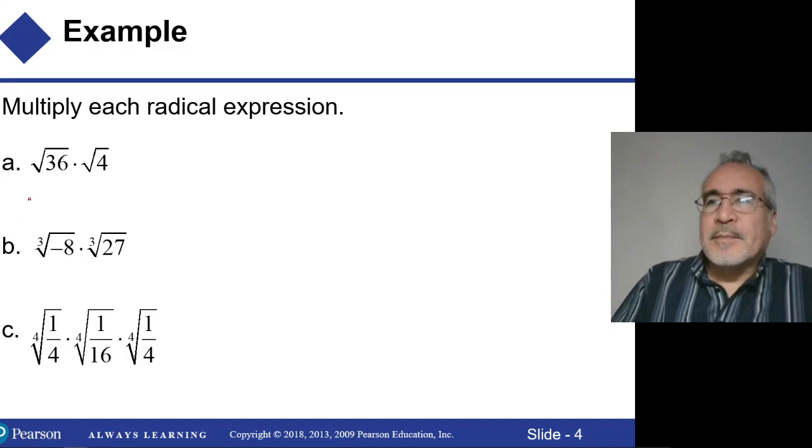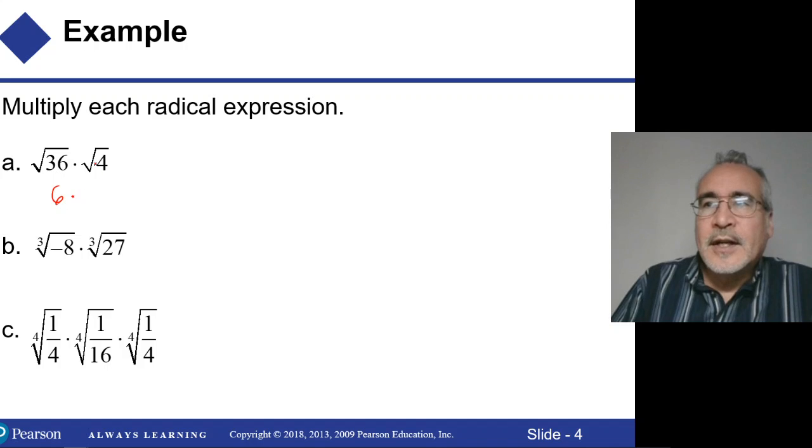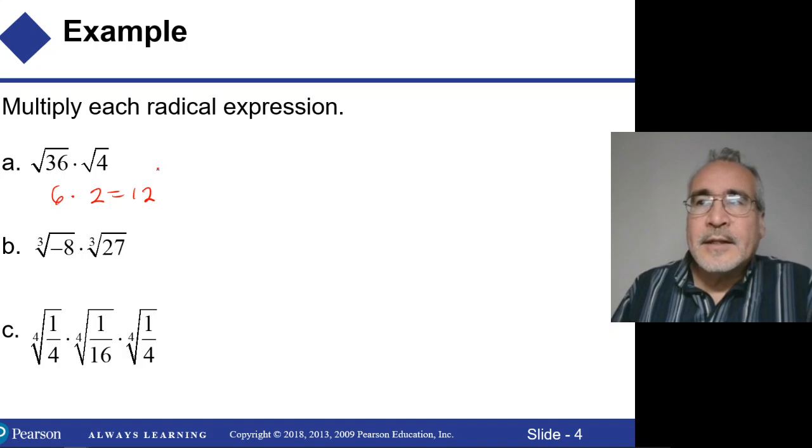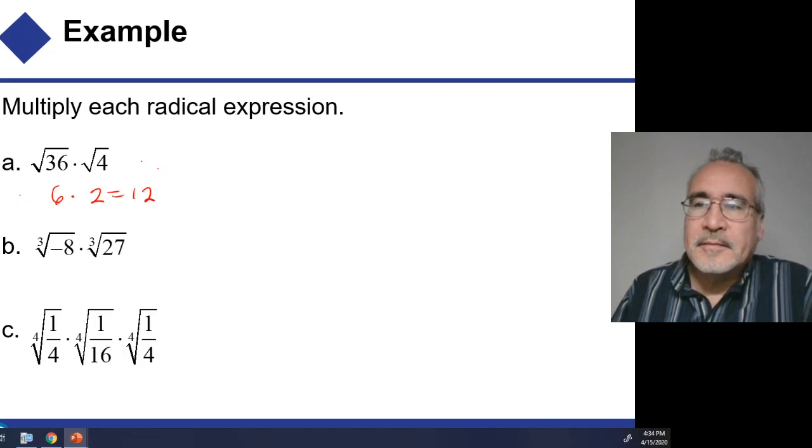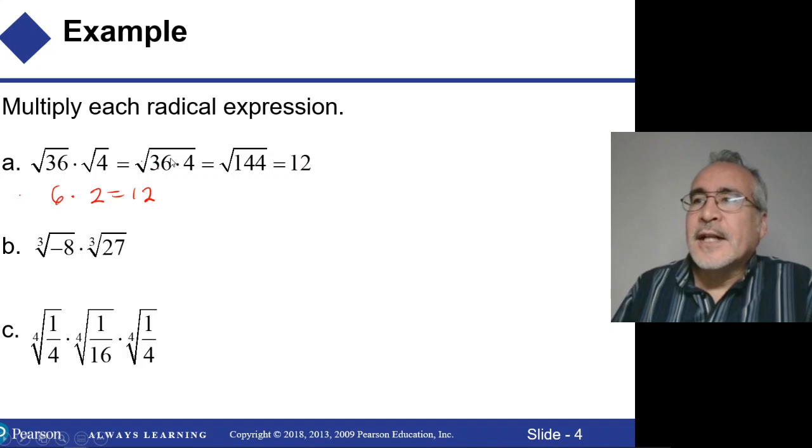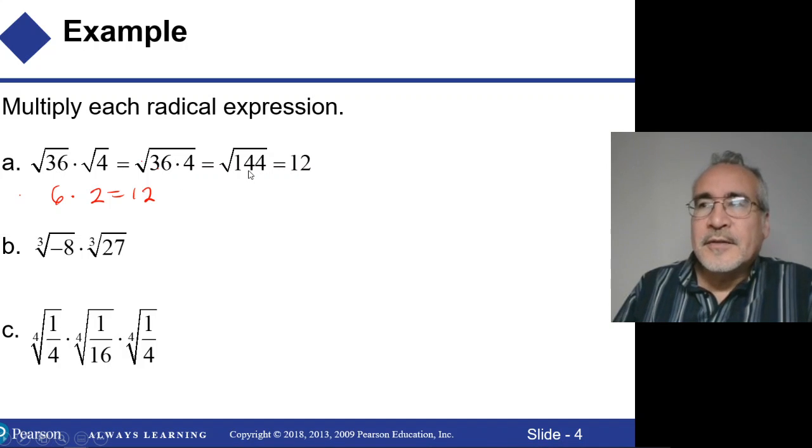Here's an example. We could say, I know 36 is 6 times 6, so this is 6. Square root of 4 is 2, so this is 12. Or you could do it the way they did it: 36 times 4 is 144, and then look up that the square root of 144 is 12.